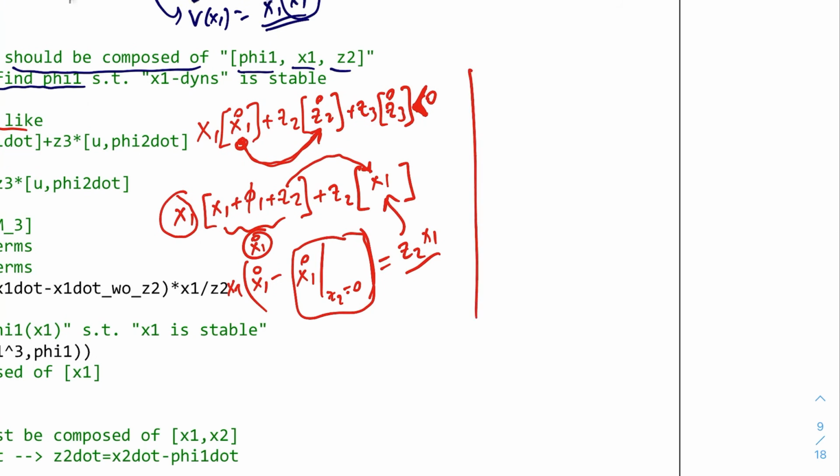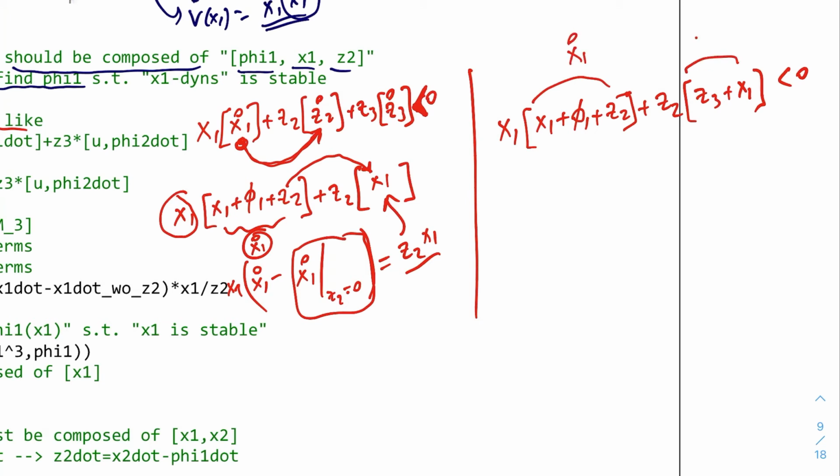One more time I'm going to explain that. You have x1 plus phi1 plus z2. Let's focus on this simple problem. Let's call it z3. This is called x1 dot and this is called z2 dot.